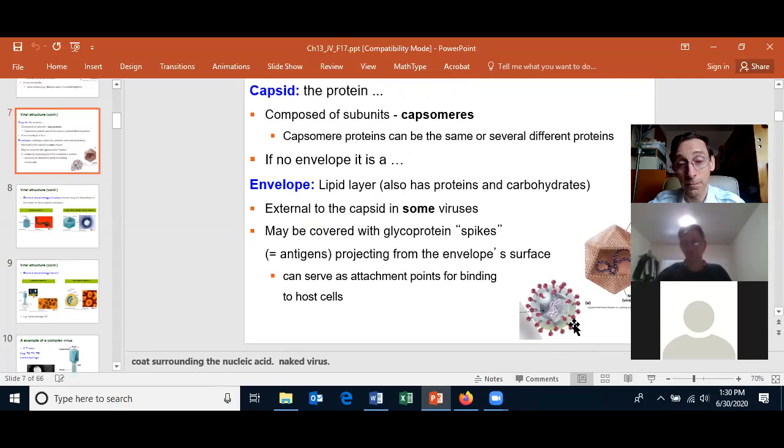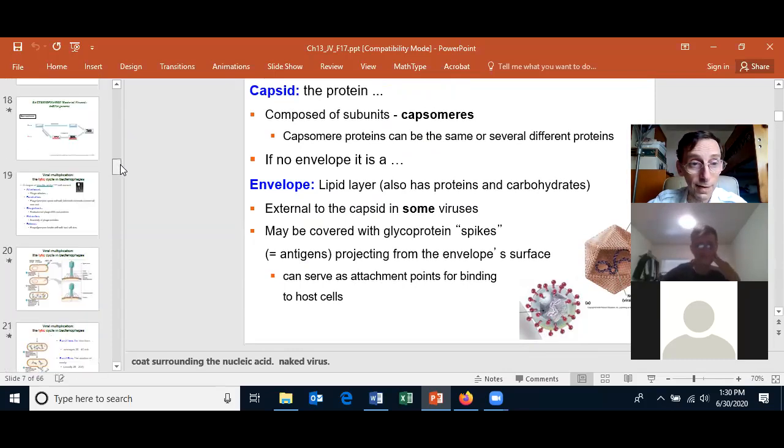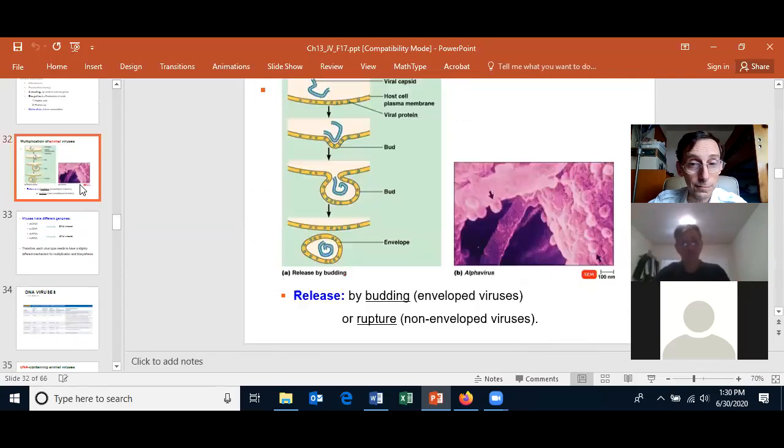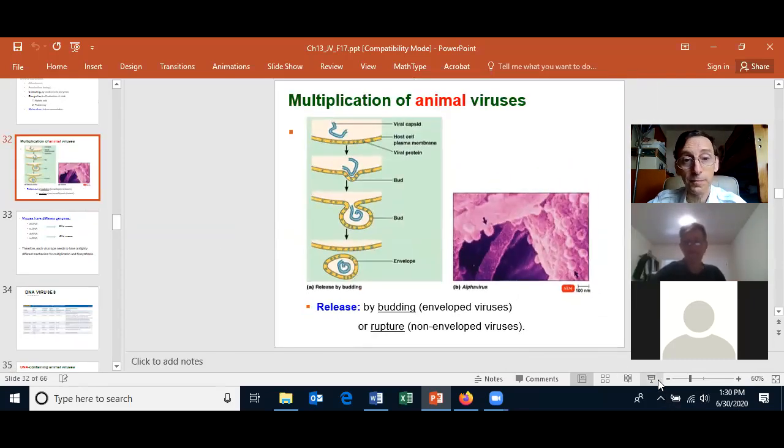And those are encoded for by the genome of the virus. And so they're in the membrane that's ripped off when the budding virus forms. But the glycoproteins, or the spikes, are actually encoded for by the virus. Any question about any of that? And that's how a budding virus obtains its envelope.